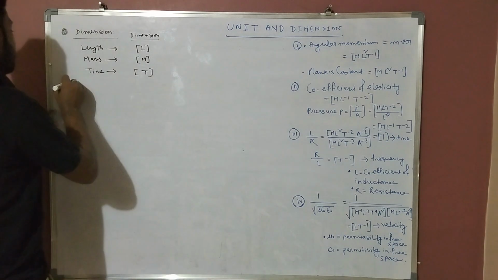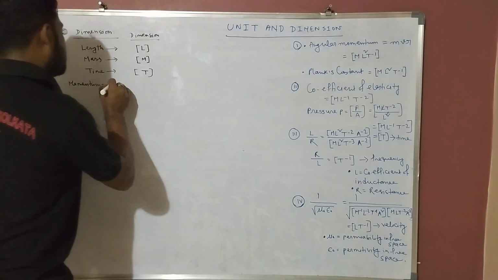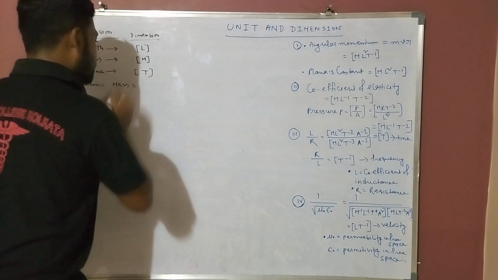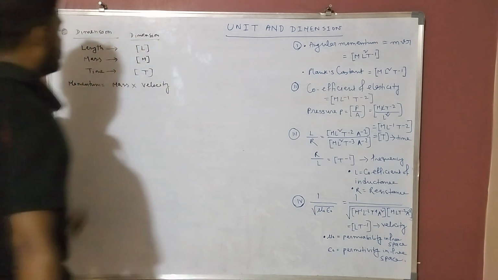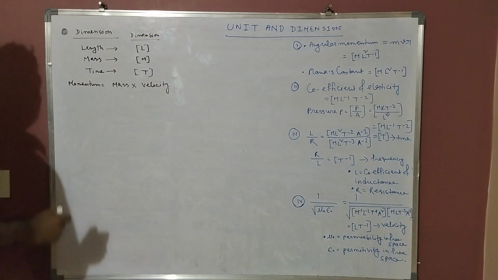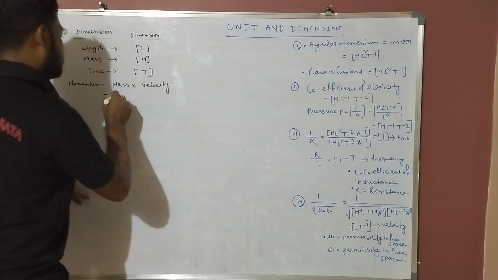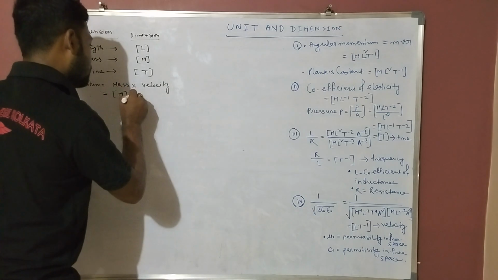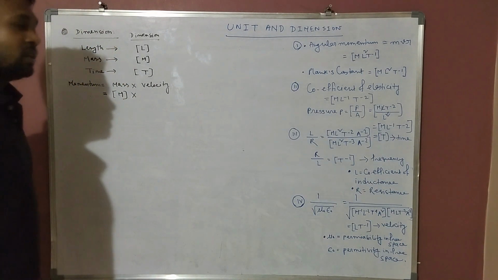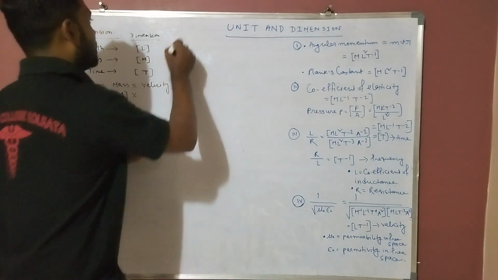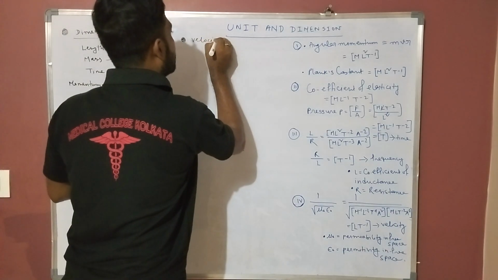Now momentum. Momentum means mass into velocity. We know the dimension of mass is M. What will be the dimension of velocity? We don't know, but from the previous class we know what velocity is.